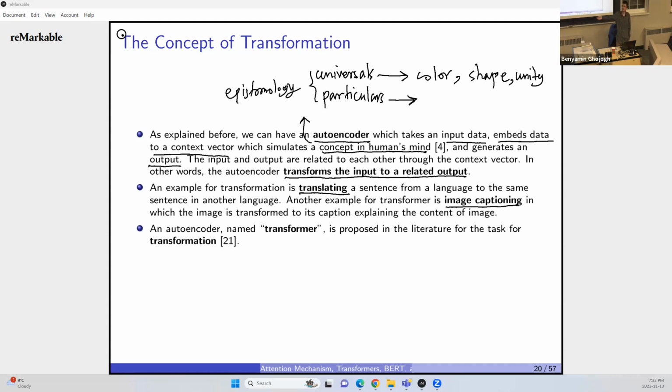Input is image, output is text describing the image. So an autoencoder can be named transformer. Why? Because it transforms one domain to another domain, right? So the name of transformer comes because of this, because it transforms something to something, right? And yeah, it's for transformation.